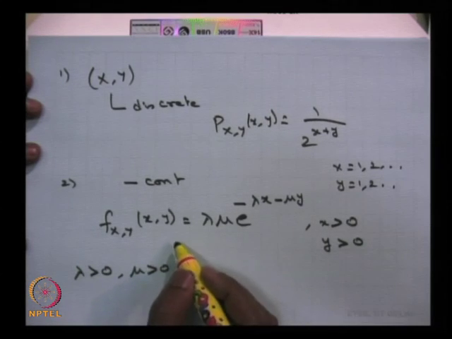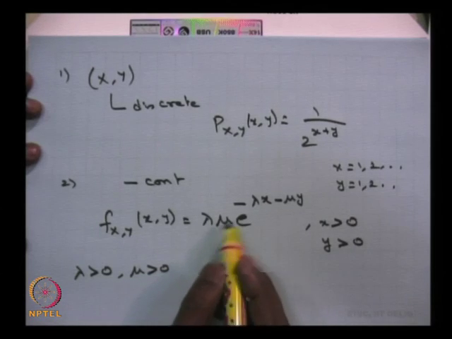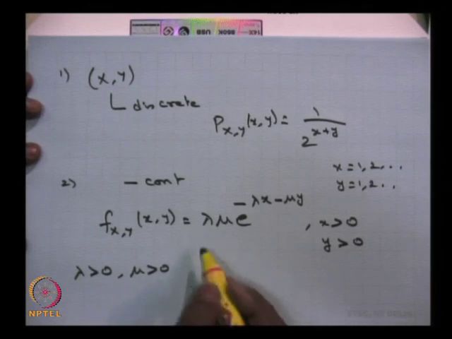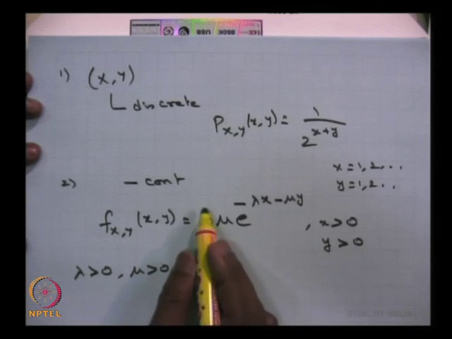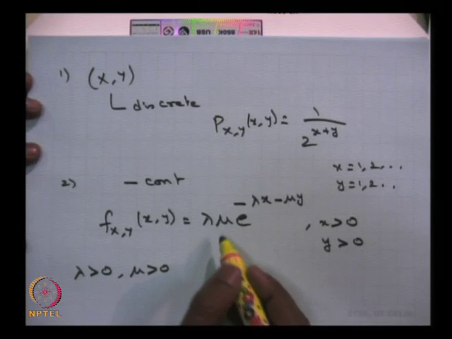You can cross check that this is a valid joint density because it always takes values greater than or equal to 0 for all x and y, and if you make a double integration over minus infinity to infinity over x and y, then that is going to be 1.